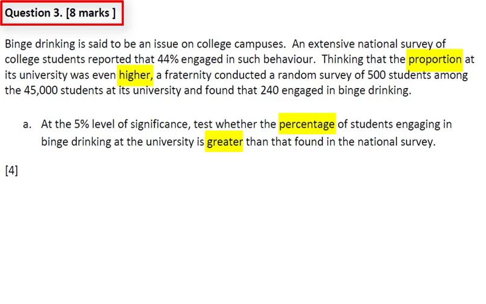Okay, so we know it's about proportion. Is it one sample or two samples? We don't have any indication that we're dealing with two samples, right? We don't have two groups. It's one sample from the population of students of the college campus. Do we need to worry about whether the samples are dependent or independent? No, because we only have one sample.